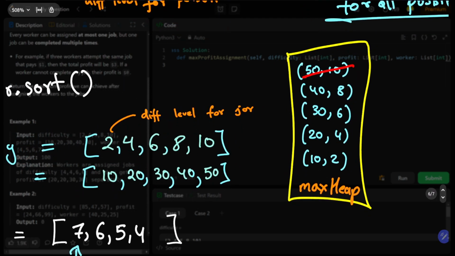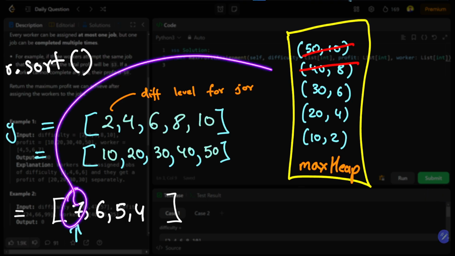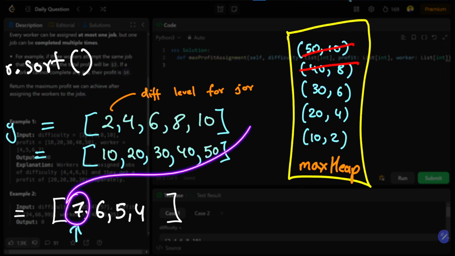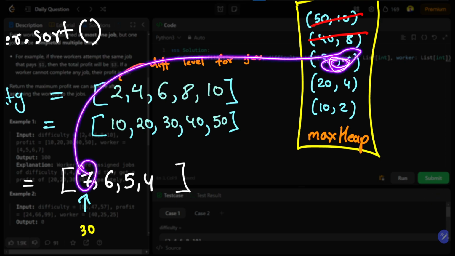Similarly, it cannot do this task as well. A person with difficulty 7 cannot do this task, but can do this task. So for this person, profit will become 30. A person having difficulty level 7 can do this sort of task.